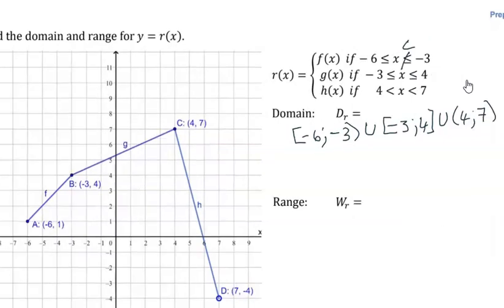But because there are no breaks in these lines, although it has sharp edges, we can write that as from -6 up to 7, but 7 still has to have a round bracket.